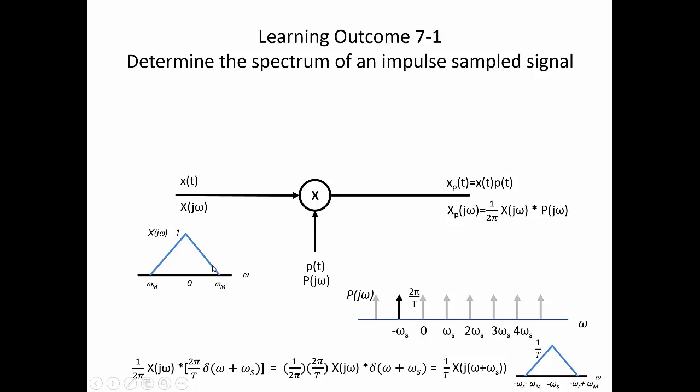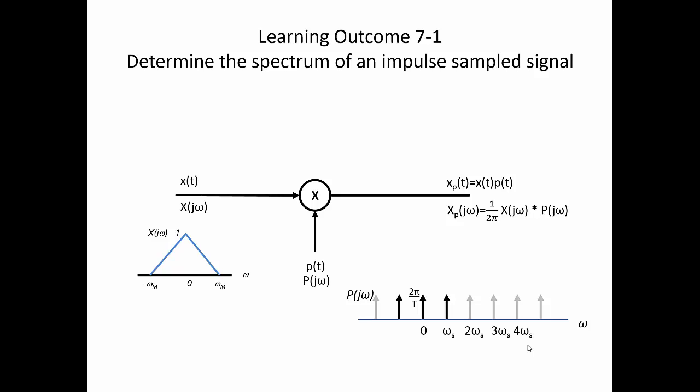We're picking this whole triangle up and we're shifting it to the left by omega s. So the maximum value will be minus omega s plus omega m, and the minimum value will be negative omega s minus omega m. The maximum amplitude is still 1 times 1 over T.